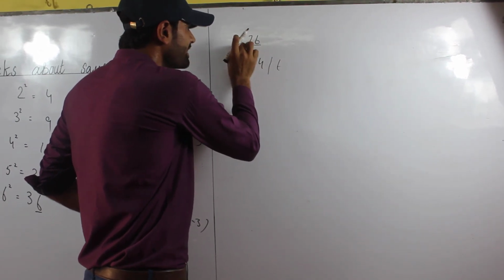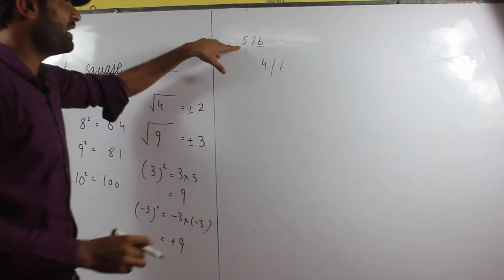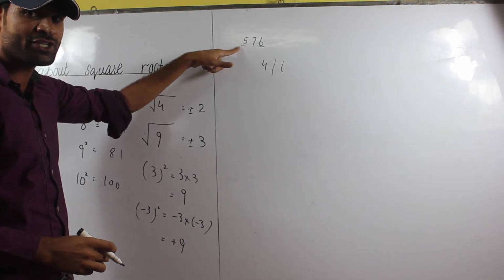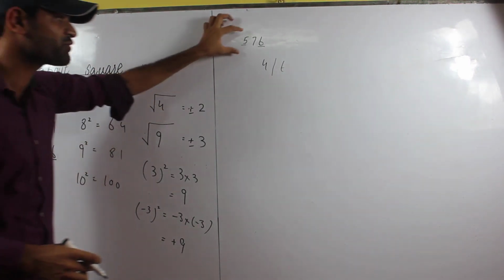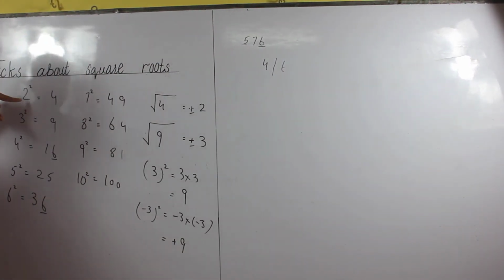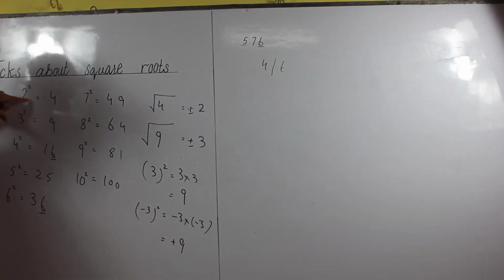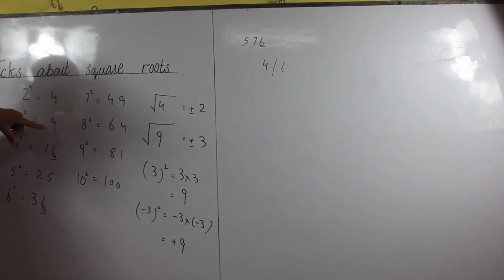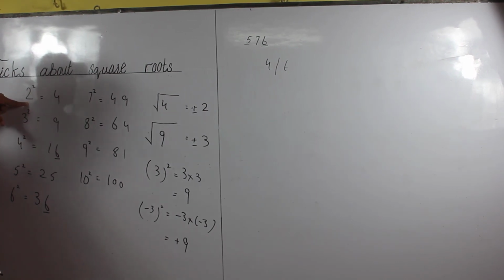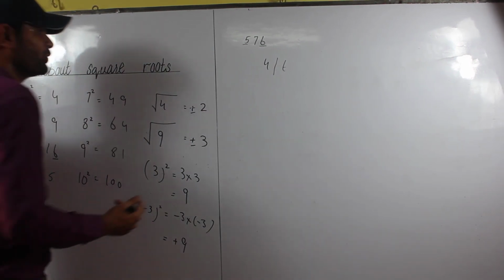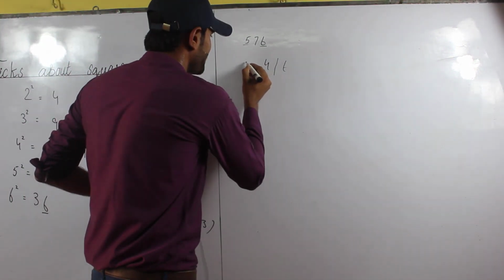Then I check the first part, before the last two digits. That is 5. Which square is near to this? Check from 2. Square of 2 is 4. Square of 3 is 9. So it's near the square of 2. I write here 2.